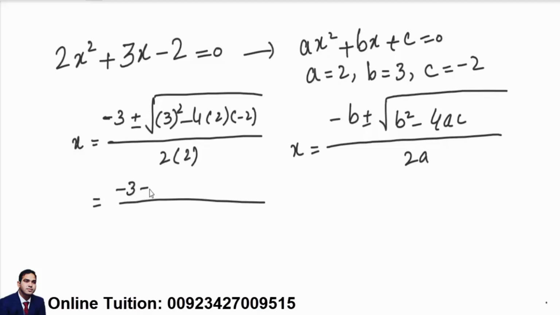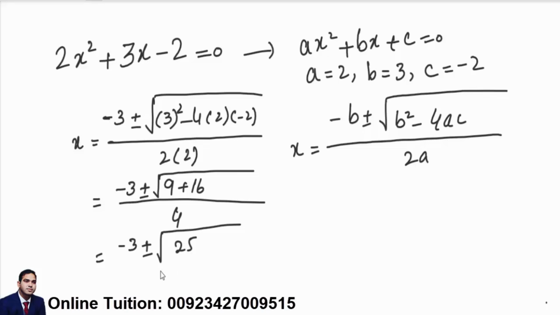Negative 3 plus minus square root of 9, square of 3 is 9, plus 4 twos are 8, 8 twos are 16, divided by 4. So this is the simplified value.